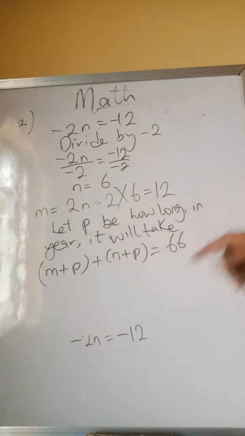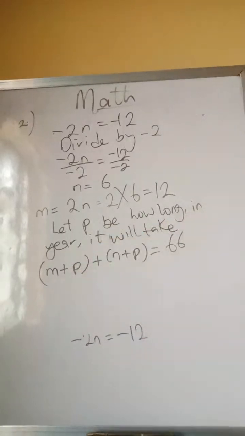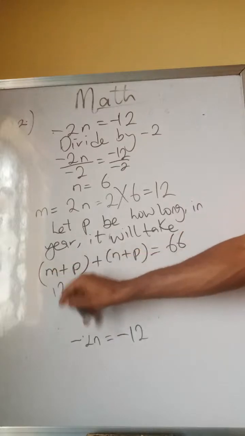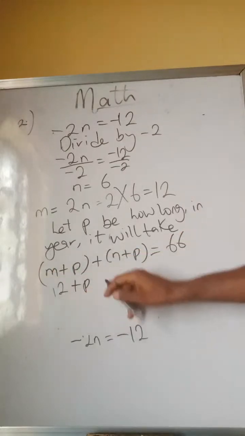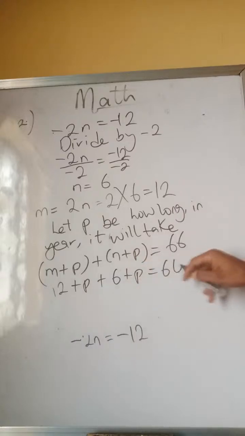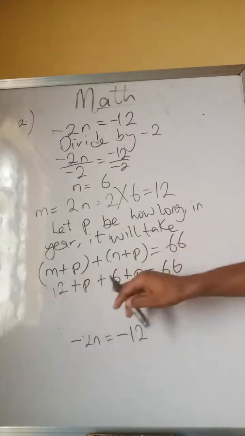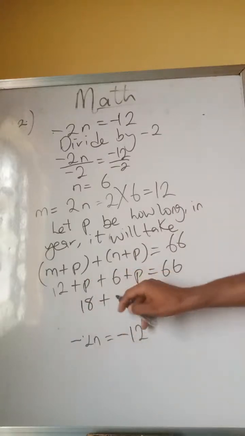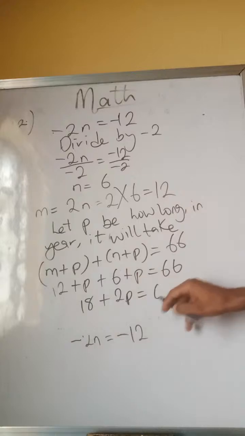The number of years will affect both of them because they will both increase in age. And I hope you know age gap is constant. Now, M is 12. N is 6. So 12 plus 6, you have 18. P plus P is 2P, and that's equals 66.